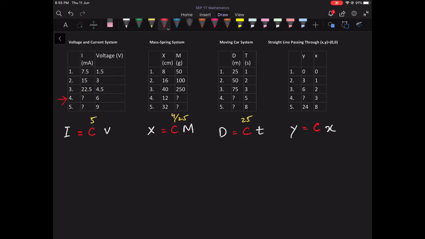In the case of current and voltage, let's find the amount of current for 6 volts. We put the value of 6 under V and put the value of constant and we get the answer 30. Moving on to the next unknown, we put 9 in the value of volts, 5 for the constant, and our answer is 45.